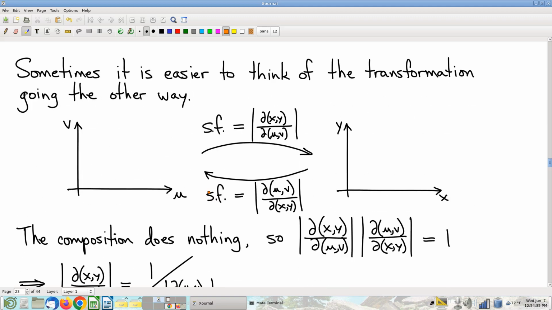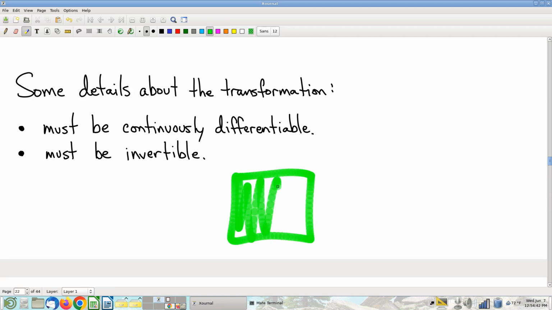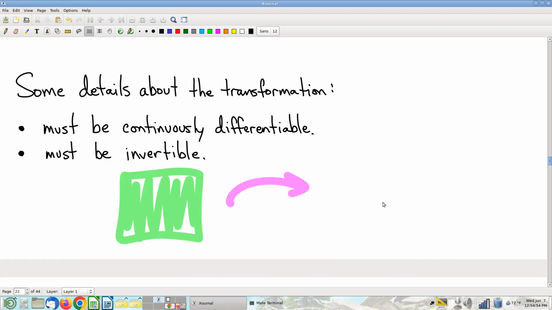Okay. Why does it have to be invertible? Short answer, you don't want a situation where you have a domain over here, and when you apply the transformation, the image ends up contorted and twisted around.